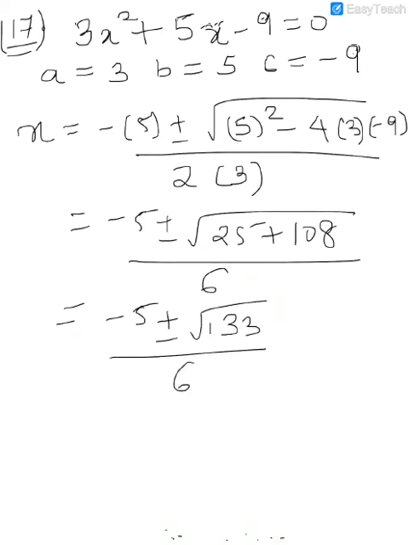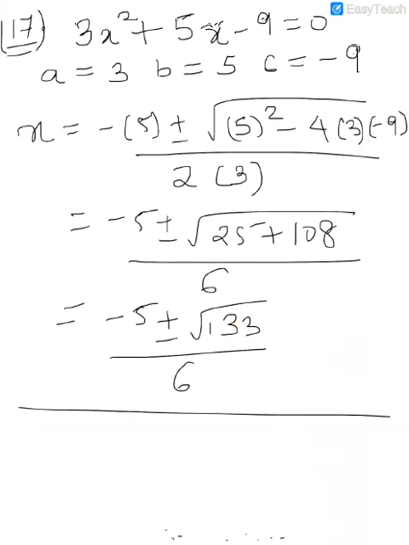Now here is a little confusion what you will feel, because in the square root table I need the square root of 133. In the square root table you have squares only up till the number 100. There is no number 133 available. So when you have to find a square root of a number beyond 100, this is what you are supposed to do. Please pay attention.